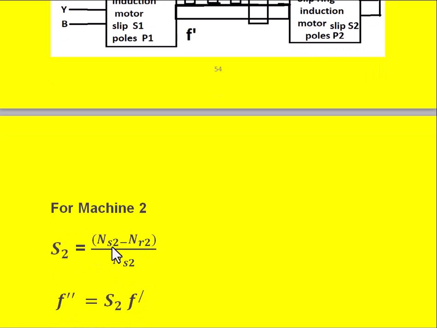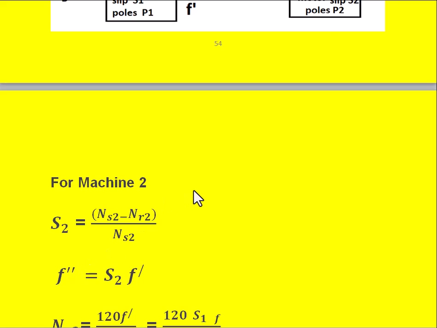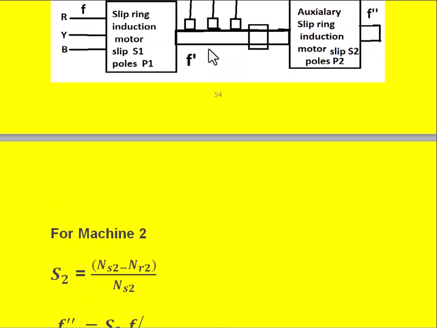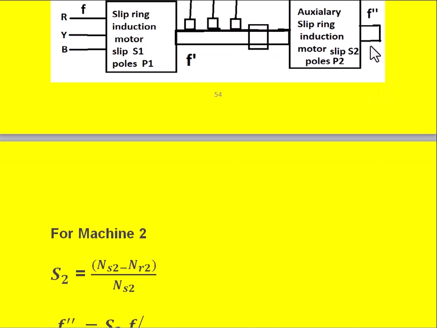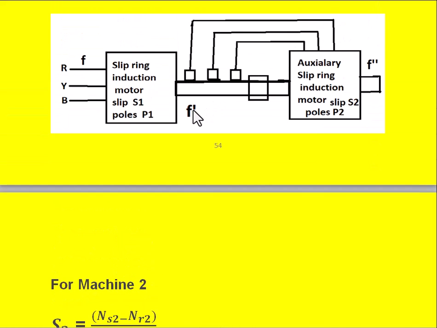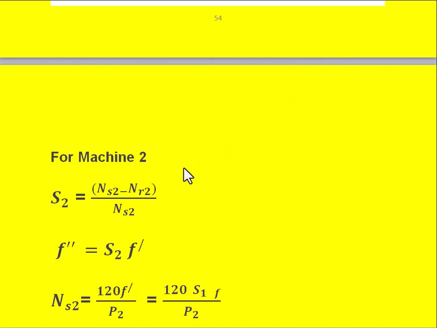Here NS2 is the synchronous speed of machine 2, NR2 is the rotor speed of machine 2, and S2 is the slip of machine 2. When the F dash frequency supply is connected to machine 2, the induced EMF frequency of machine 2 is F double dash. That F double dash is related with F dash like this with slip S2: F double dash is equal to S2 into F dash.